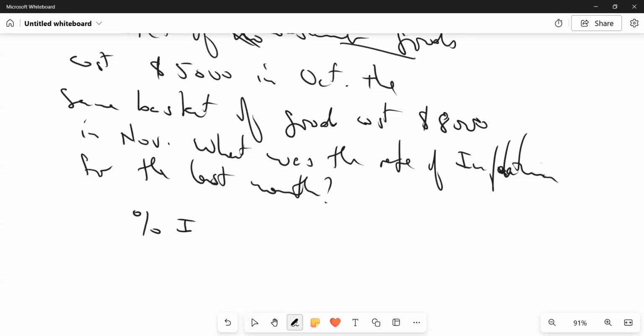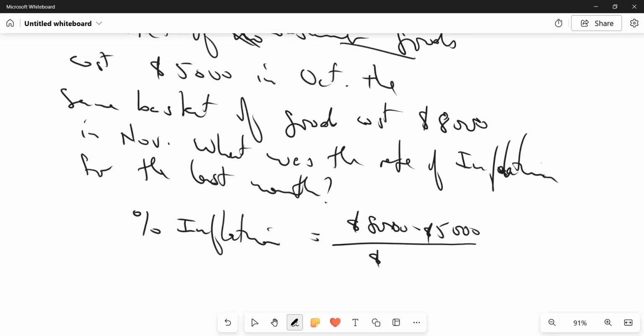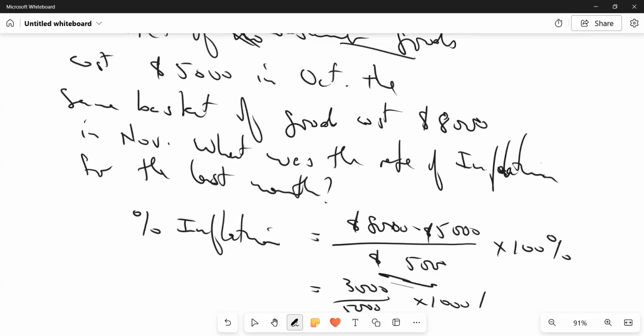Percent inflation equals 8,000 minus 5,000, and they put it over 5,000. They use that as the base, what it was last month, as the reference, times 100%. And you get 3,000 over 5,000 times 100%.